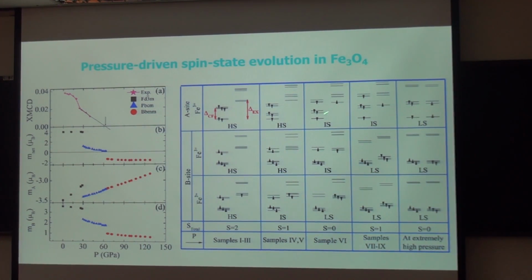So this picture gives us information on the spin state of the ions at the A site and B site. For the A site, the valence state is trivalent. For the B site, there are two kinds of ion, that is divalent and trivalent. The orbital occupation is listed as follows.